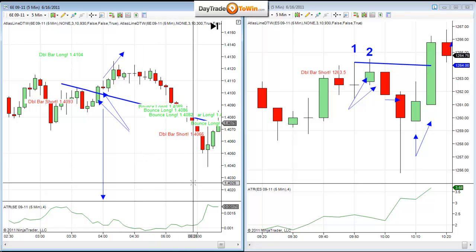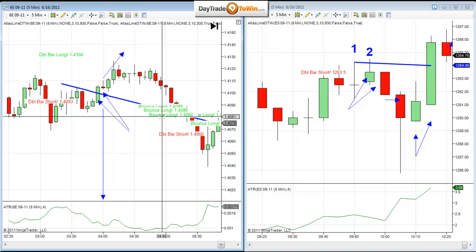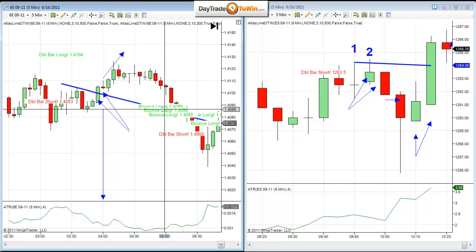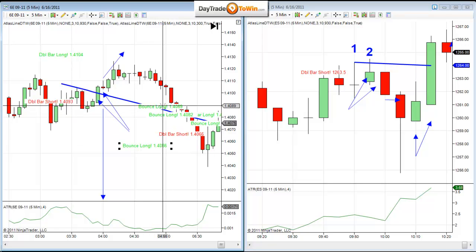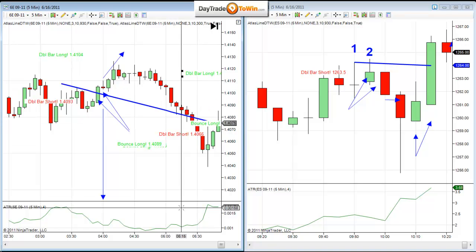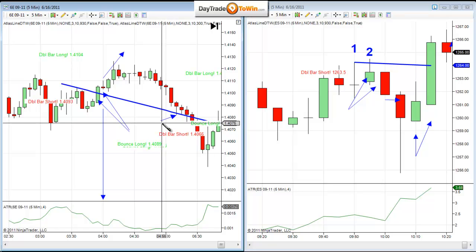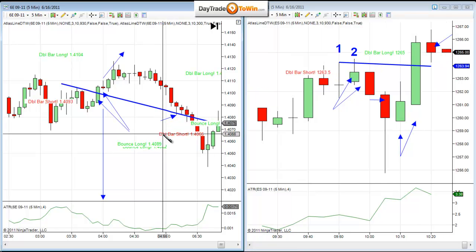Okay. When it comes to bounce trades, I want you to pick and choose, Sanjay, the best trade for the job, or the best bounce trade for the job. So what that means is, as an example, you see these bounce trades that occur. Let me get this out of the way here. These bounce trades here, if you remember from the videos, this is a red candle. So if it's a red candle, the bounce trade should not be taken.